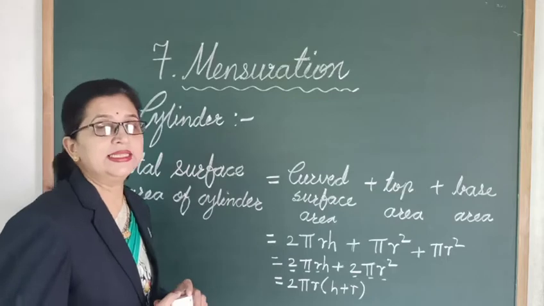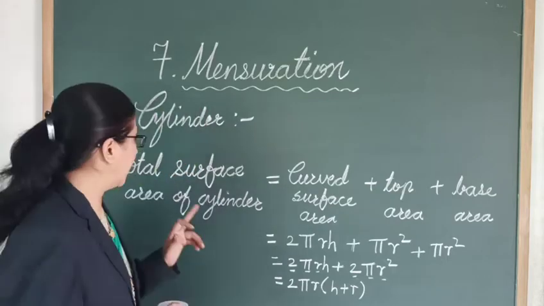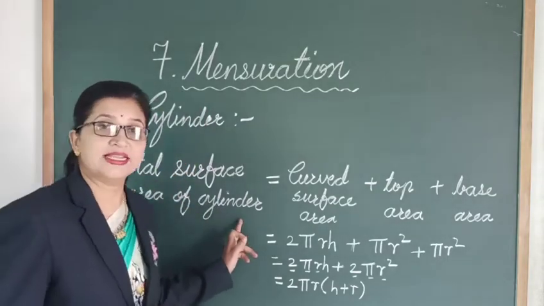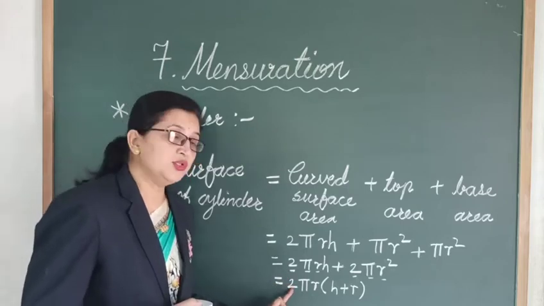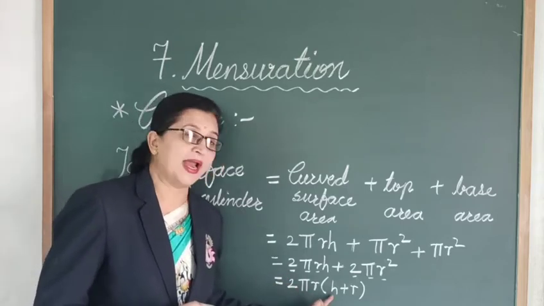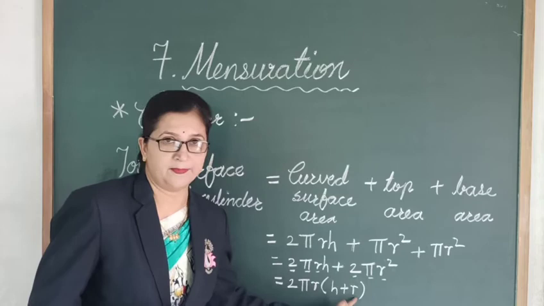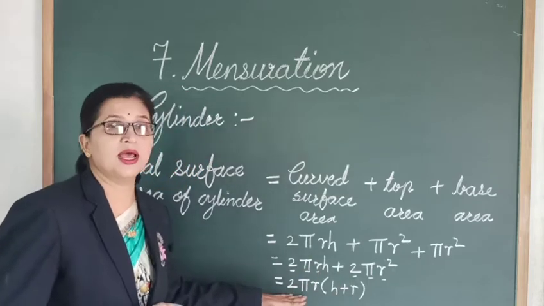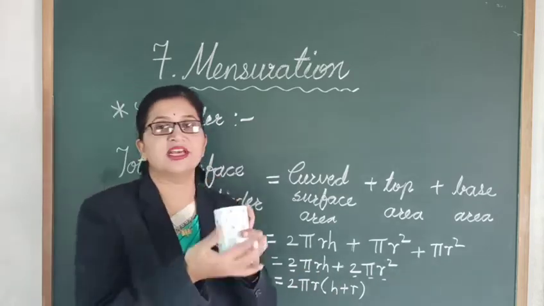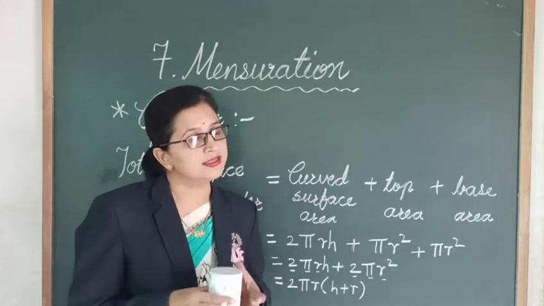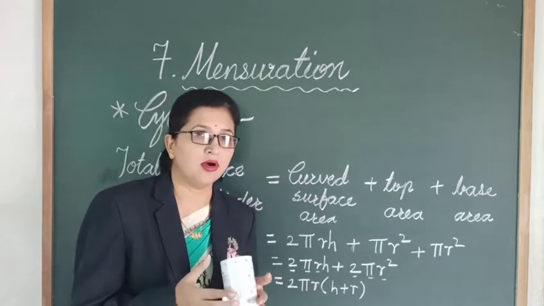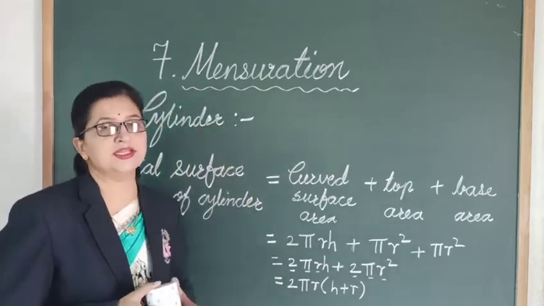So dear students, in this way we got the formula: total surface area of cylinder is equal to 2 pi r into bracket h plus r. This is the formula to find the total surface area of a cylinder. I hope the formula is clear to you.